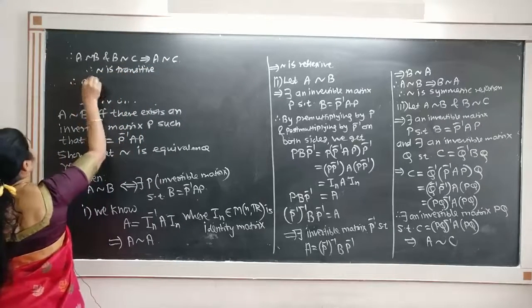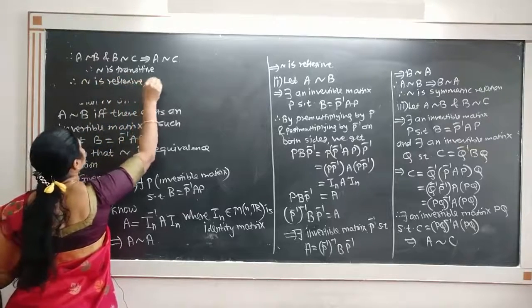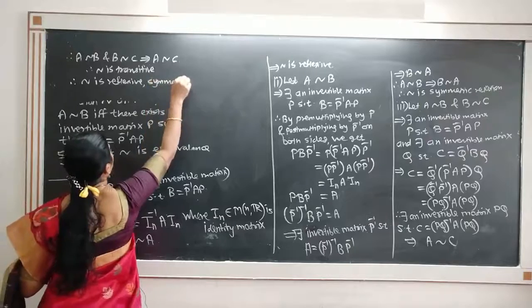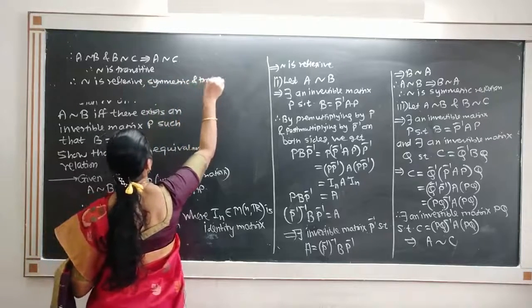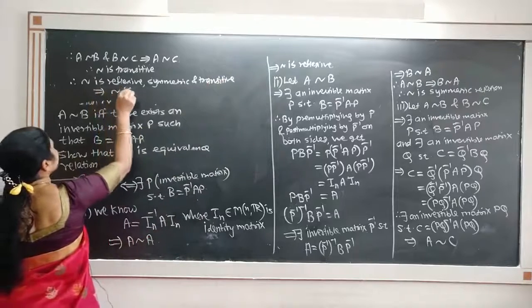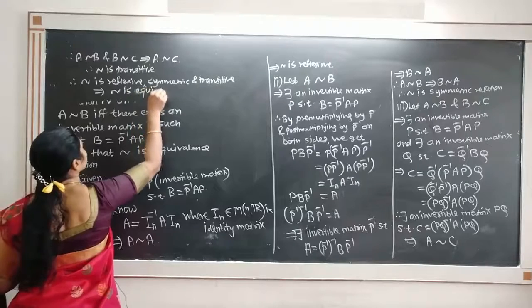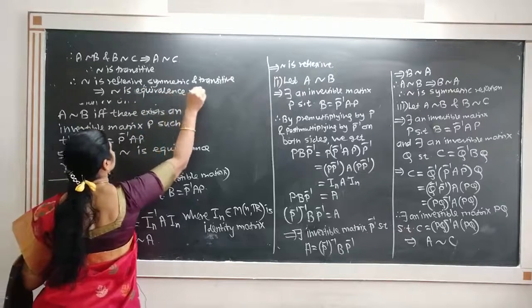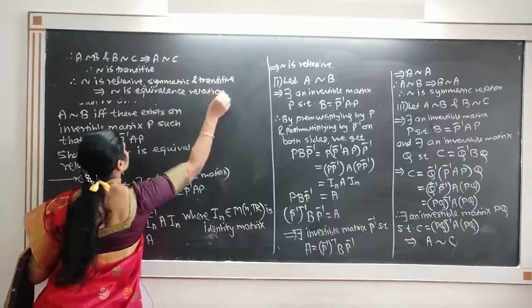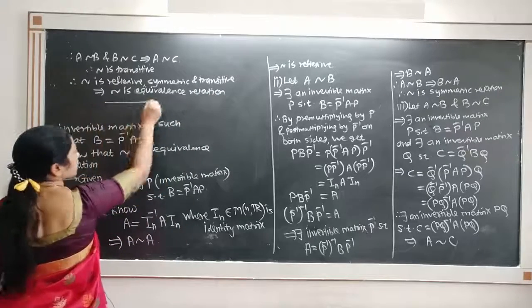Observe that the relation is reflexive, symmetric and transitive, which implies that this relation is an equivalence relation. So the given relation is an equivalence relation.